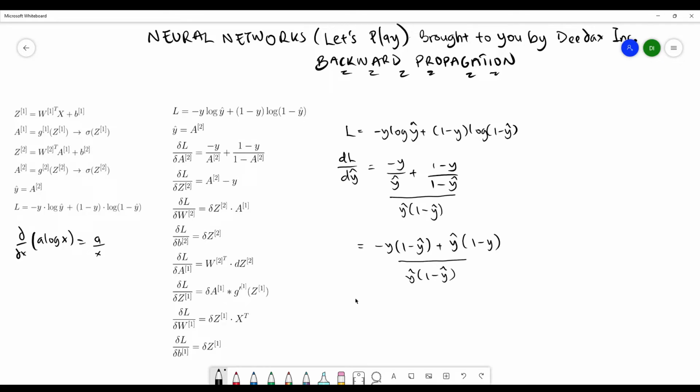All right, cool. So we can expand this once again. We get negative y plus y hat, plus y hat minus y hat squared, over y hat times 1 minus y hat.